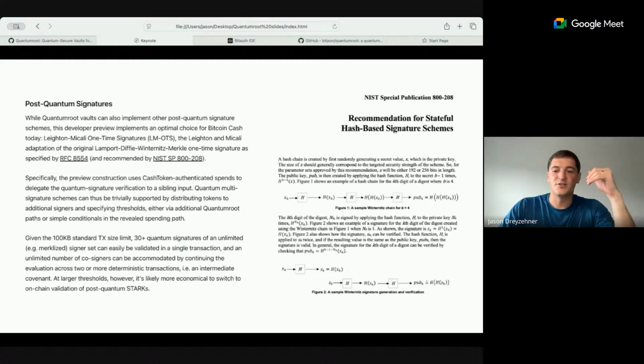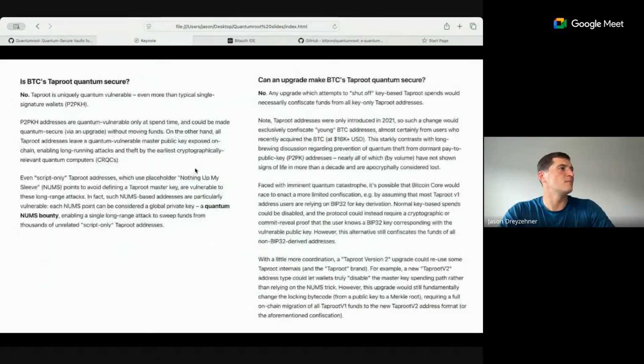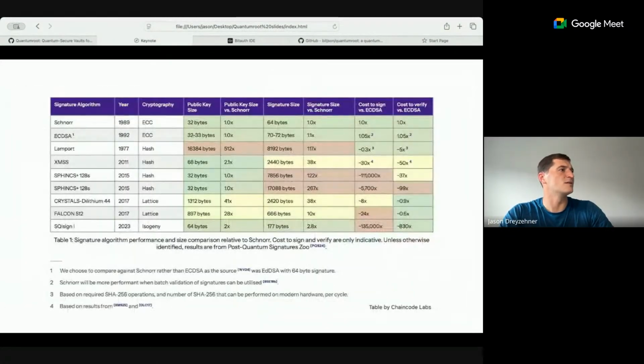And then essentially, earlier you mentioned the difference between stateless and stateful schemes. If you've looked at all of these, I think they are stateless or they're multi-use schemes at the very least. And I want to note that the scheme that Quantumroot implements saves a ton of bytes because we do use one-time use schemes, which would be unheard of in other UTXO models, but we have CashTokens.